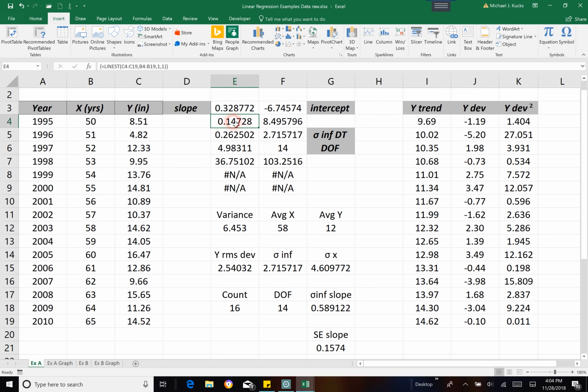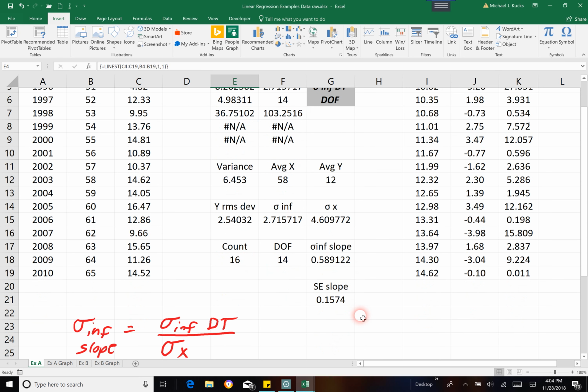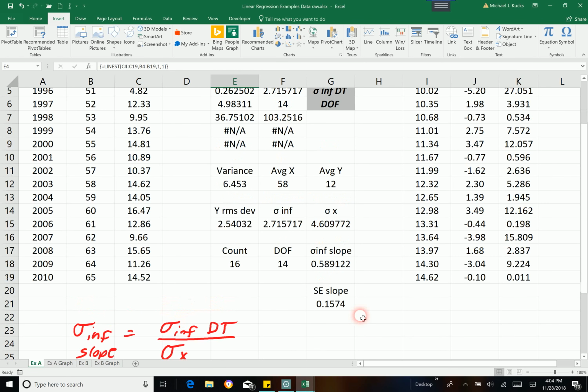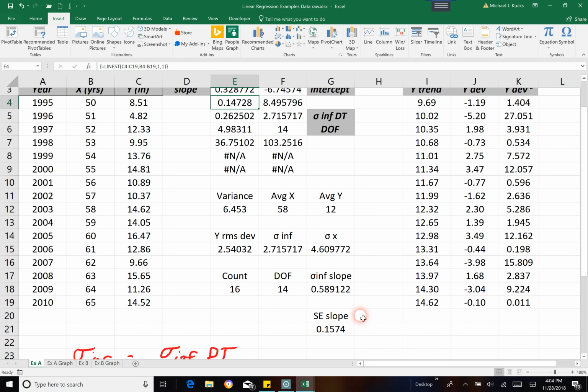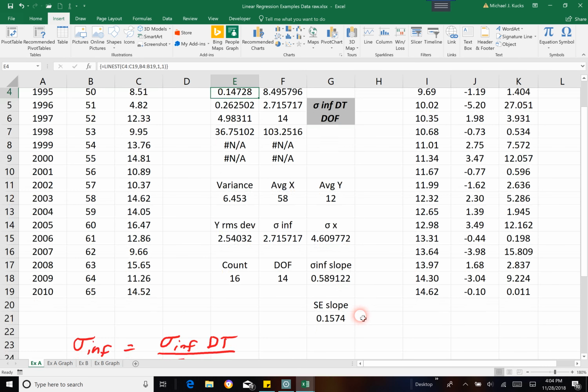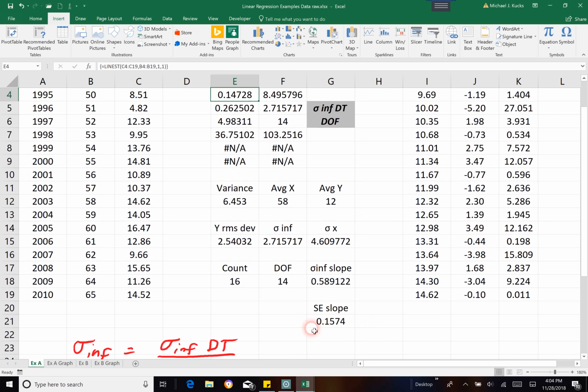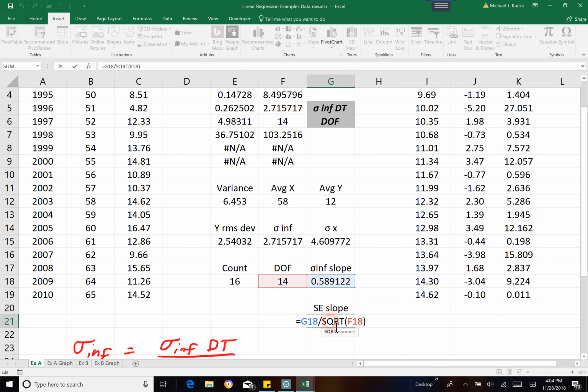It should be matching this number up here, and it's not. Oh, I'm sorry, not the degrees of freedom, the square root of n.